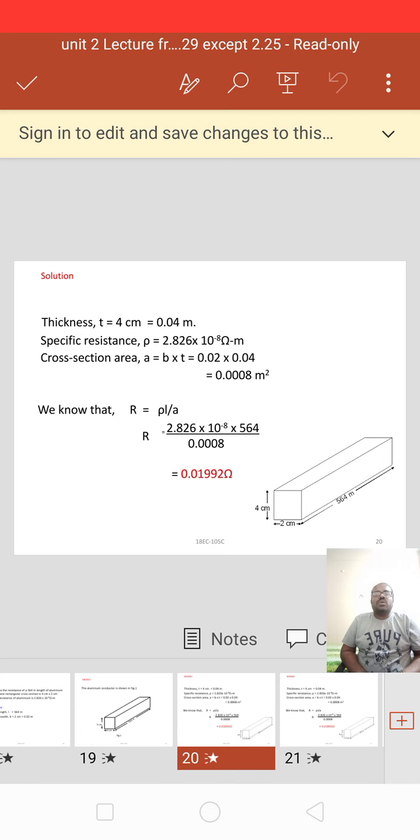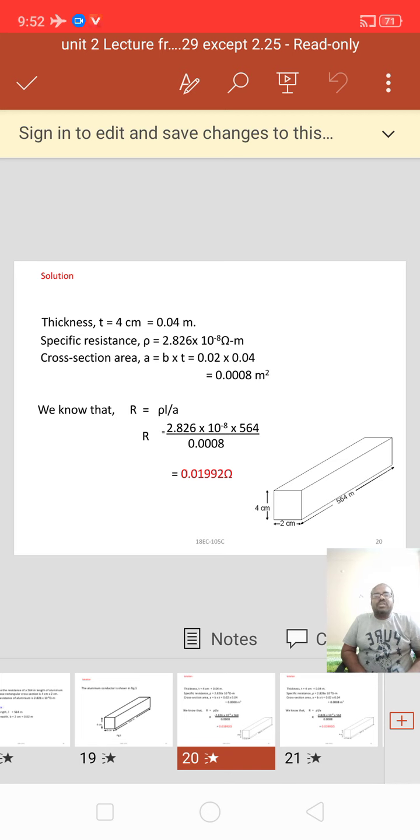Specific resistance rho equal to 2.826 into 10 power minus 8 ohm meter. Cross sectional area A equal to B into T, that equals 0.02 into 0.04, that equals 0.0008 meter square.